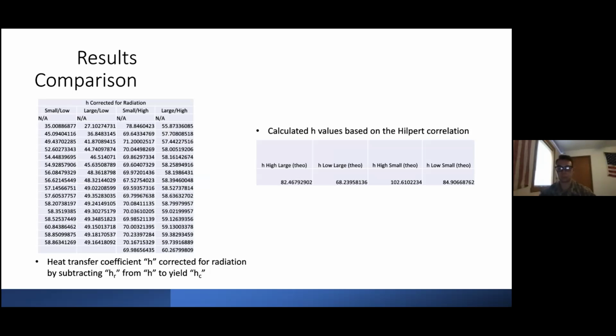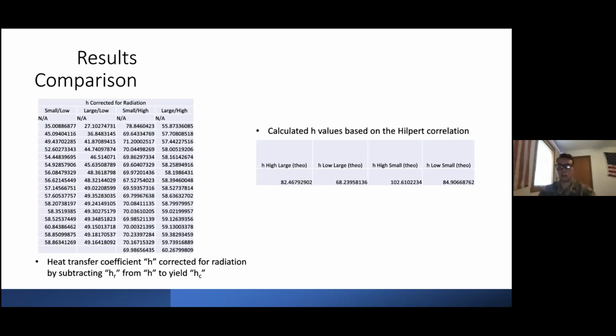And so when we did the math, we got values that are quite a bit different from what we got in the actual lab. So they're off by about 20 to 30. And then the promising thing is that although they are off quite a bit, they do show the same general trend as the numbers.